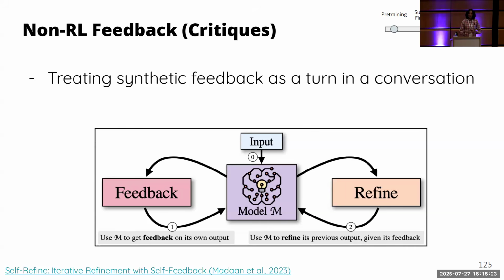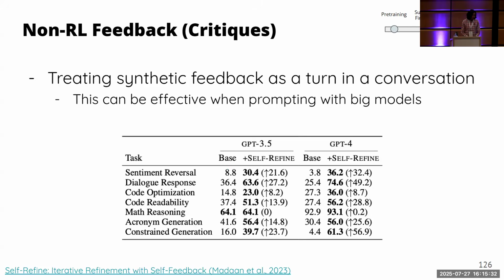Then use that critique, go back to the original model, and ask it to refine that response. This is self-refine. And this type of approach is nice because it doesn't require training. It's an inference-only approach, and it can be really quite effective on many benchmarks.